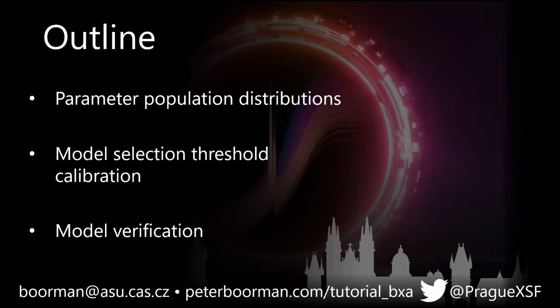A nice way of doing that is with simulations. And then finally, if you fit a whole bunch of models and the model comparison says that model 10 is better than model 1, does that tell you that model 10 is a good fit? Not necessarily, right? So then you have to start to think about whether you can actually verify that model irrespective of the other models that may be ruled out from model comparison.